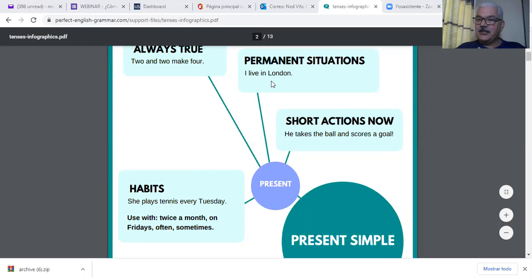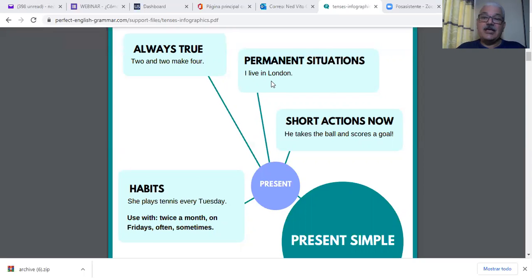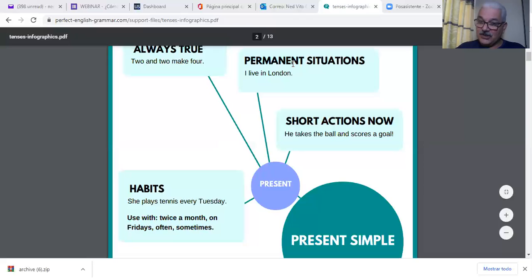I live in London. You are Ecuadorians. I can also say that I live here in Santo Domingo, and it is a permanent situation. You study in Uniandes University. And this is a permanent situation. I know you may change in the future, but it's permanent now.